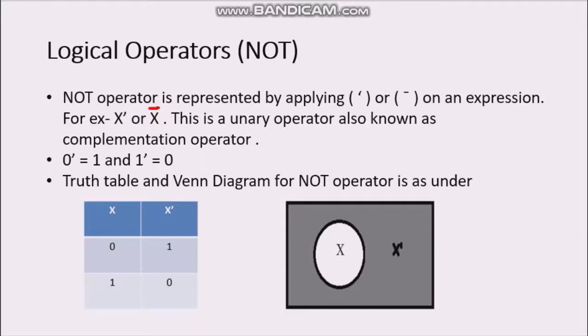The truth table of x bar is shown here. If you have a variable x, what will be the possible values of x bar? If x is 0, x bar will return 1. If the value of x is 1, x bar will return 0.